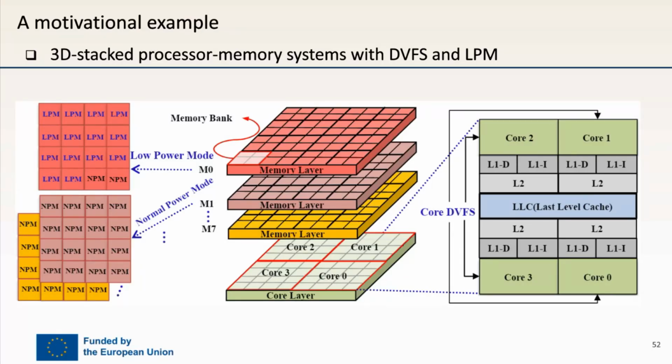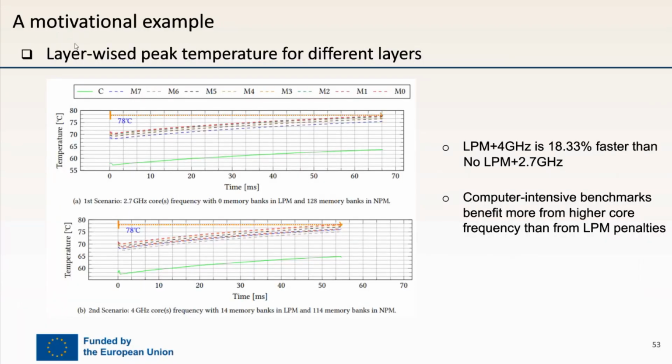We can clearly see that the first scenario has a hard time meeting the thermal constraint without sacrificing performance. In the second scenario, we combine the low power mode for the memory banks and also DVFS for the cores. Then we coordinate them together, and we can achieve good system performance.